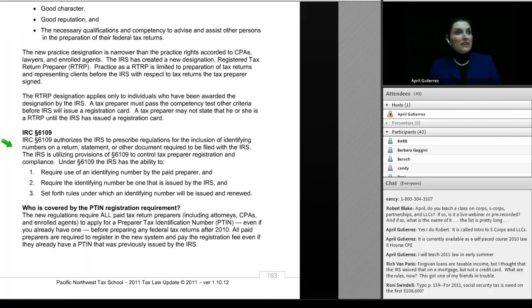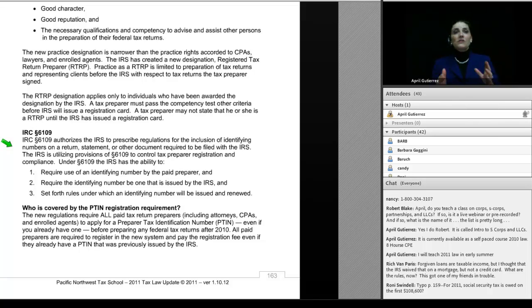The second rule is how to keep that PTIN. We're in a phase-in phase right now where certain people are getting provisional PTINs. And if you have obtained a PTIN and you are an enrolled agent, or you are a CPA, or you are an attorney, you do not have a provisional PTIN. You have a full-blown original PTIN. You've got the real dandy thing.